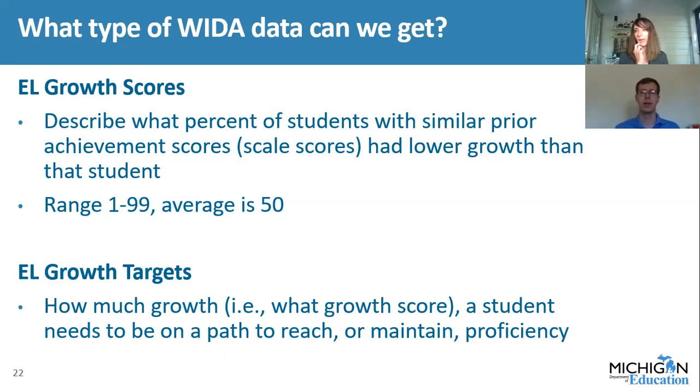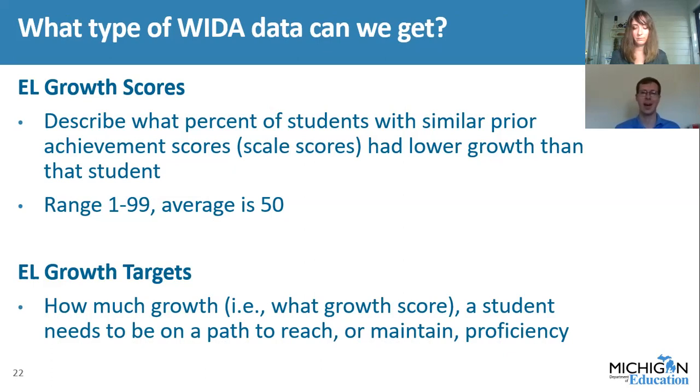And so that's going to vary by where the student starts. So for a student who is at a low PL1, so maybe a 1.2, the amount of growth they need to achieve to get on track to proficiency is much higher than a student who is, say, at a 4.2.